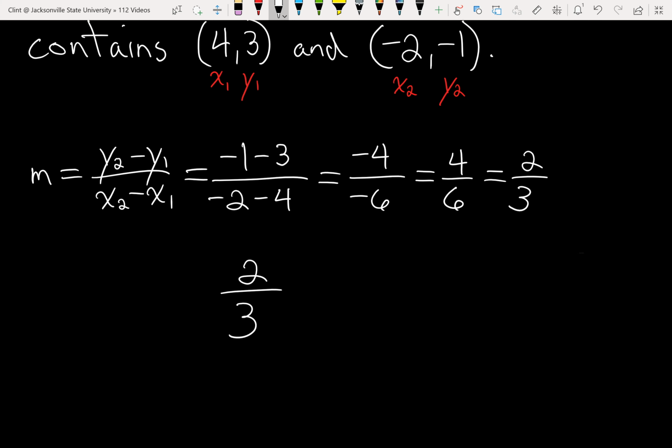So this tells us every time our line moves 2 units up, because it's positive, we're also going to go 3 units to the right, because that's positive. That's what that's telling us about our line here. Every time we go 2 units up, we're going to go 3 units to the right.